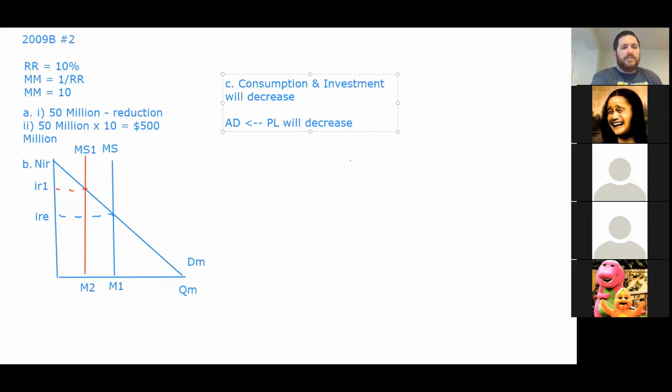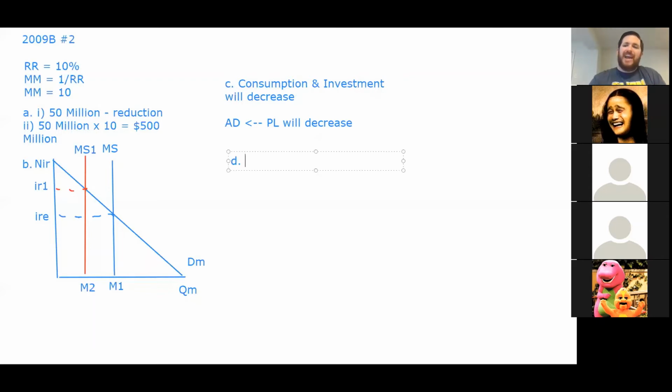D, as a result of the price level change in part C, are people with fixed incomes better off, worse off, or unaffected? And explain your answer. We've talked a little bit about fixed incomes before, but we know this.